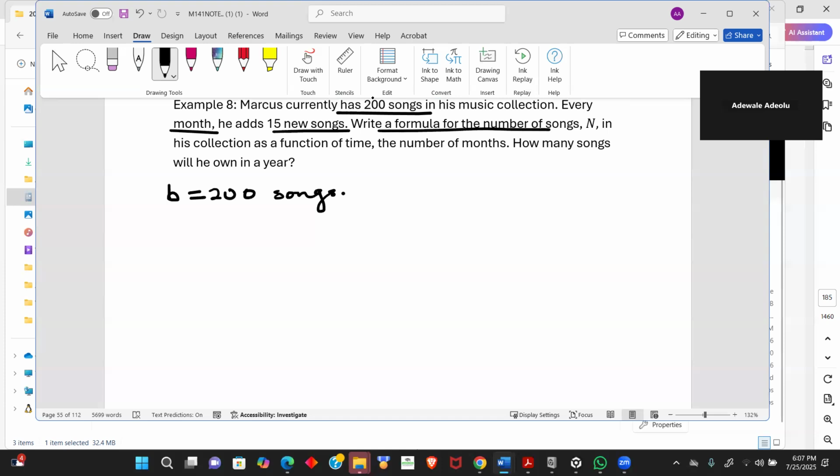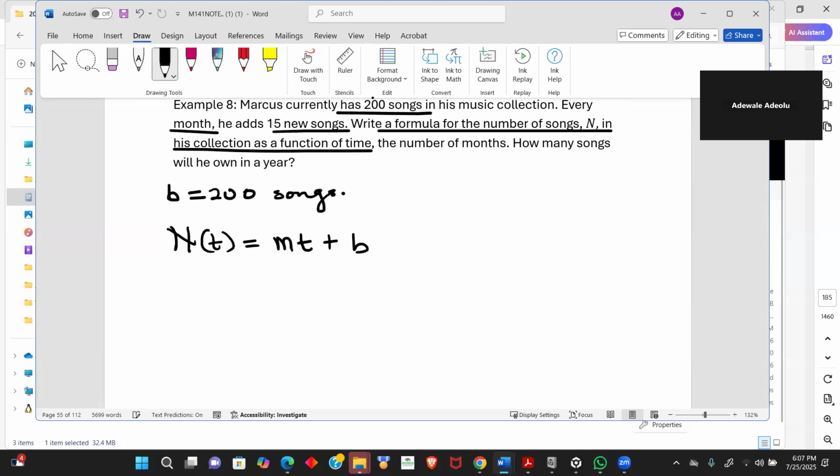Write a formula for the number of songs in his collection as a function of time. I want to write n as a function of time, that is the number of songs depending on time. So again, I need the slope, which is the rate of change for every 1 month, right? The time is a month.